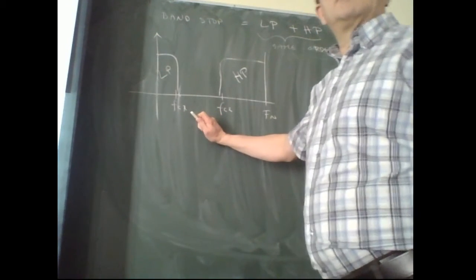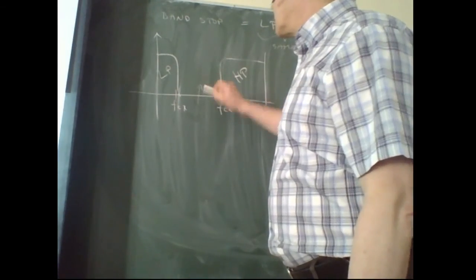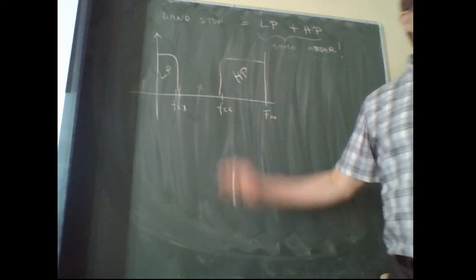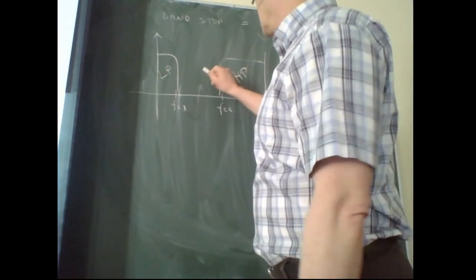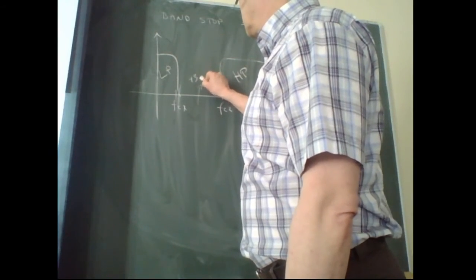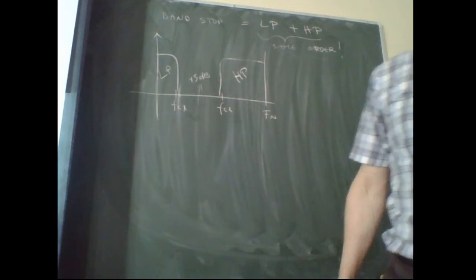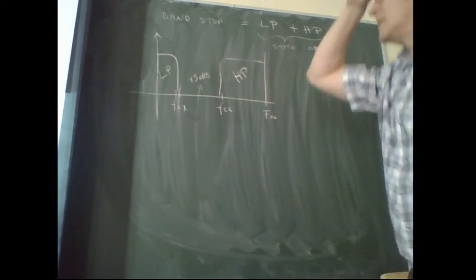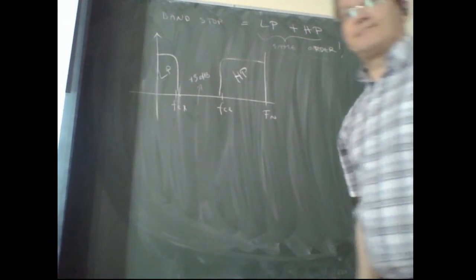Another thing, when you're adding systems, basically it also means that you add the stop band together. So basically you will get usually 3 dB less stop band attenuation than the original ones.